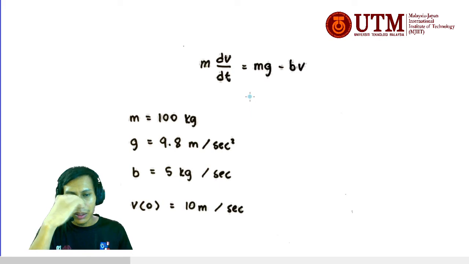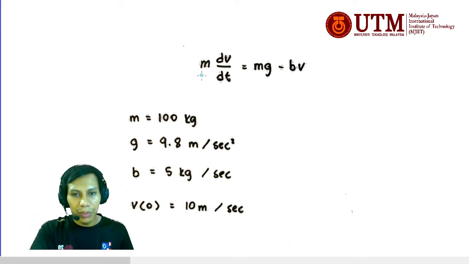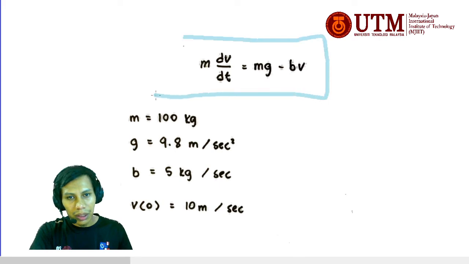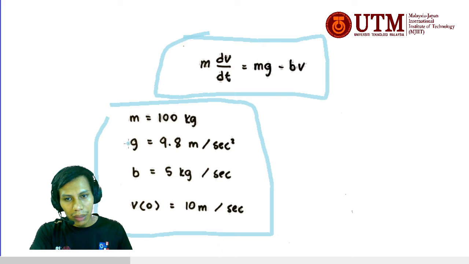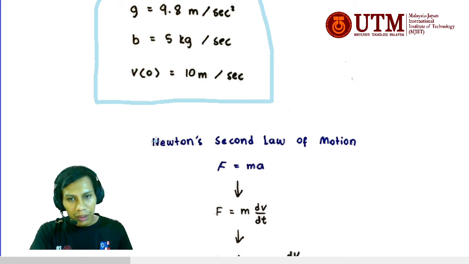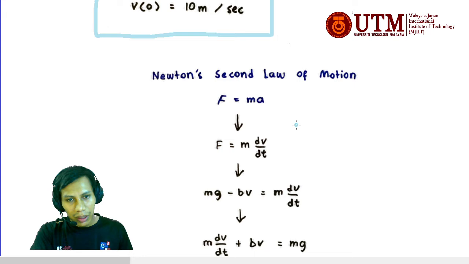This is all the data that we have from the question given. This is the equation, and this is the data, which is m, g, b, and v0. The equation is formed using Newton's second law of motion. This is the basic equation for Newton's second law, which is force equal to mass times acceleration.